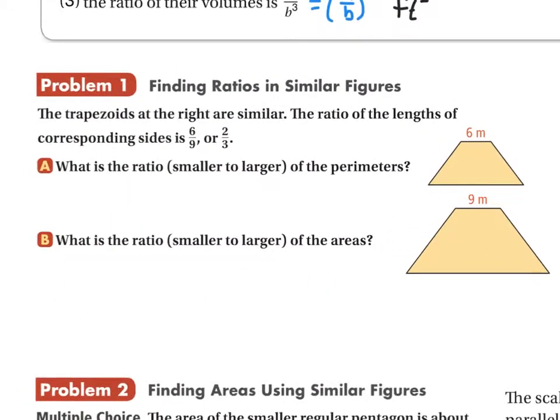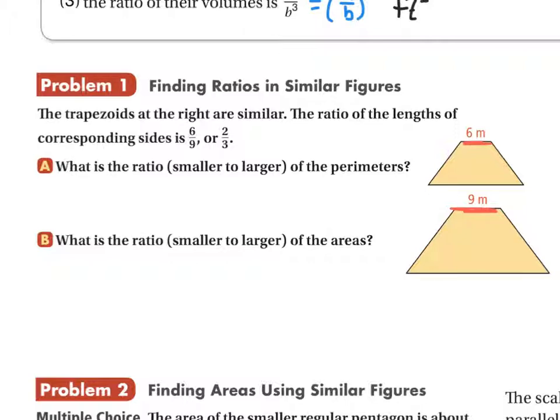So taking a look at our first example, they say, what is the ratio of the smaller to the larger of perimeter? Now, they already walk us through this. I'm not quite sure why they walk us through this already, but if we look at these two trapezoids, we see that this side and this side over here, those are corresponding sides in those two trapezoids, right?